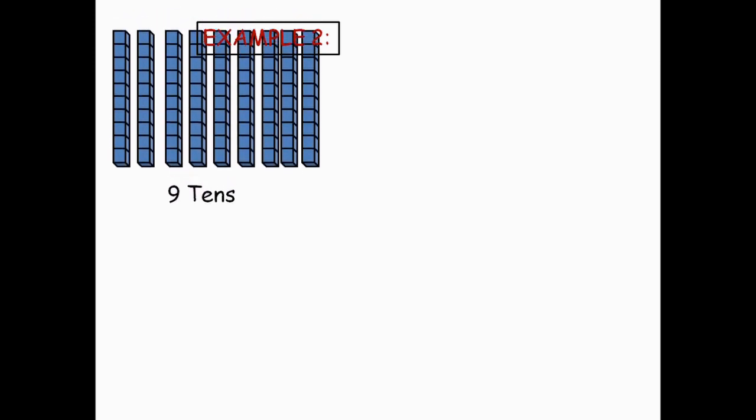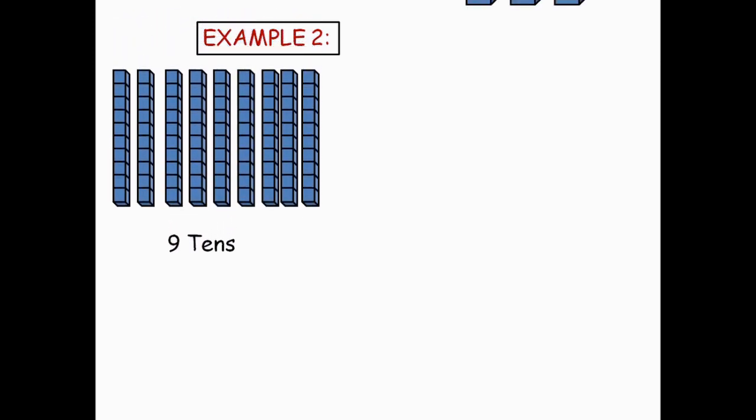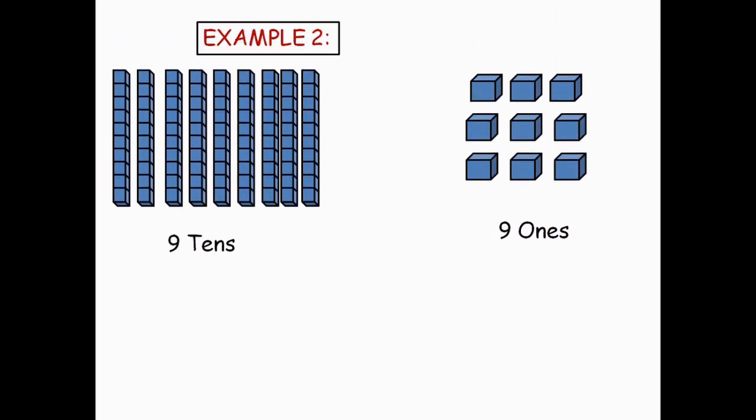So we know in 99 we have 9 tens and 9 ones, and to this 9 ones we add 1 one, we get 10 ones, which is equal to 10.